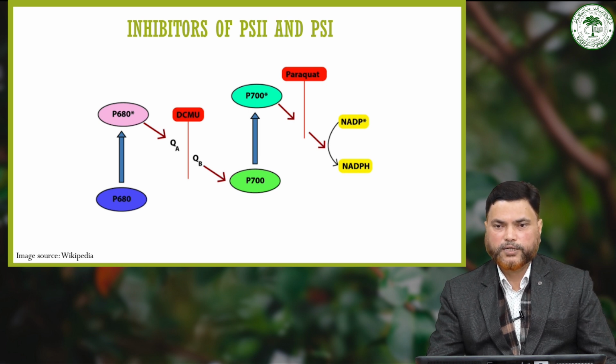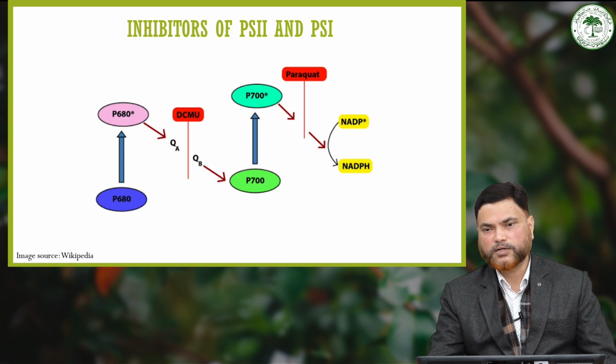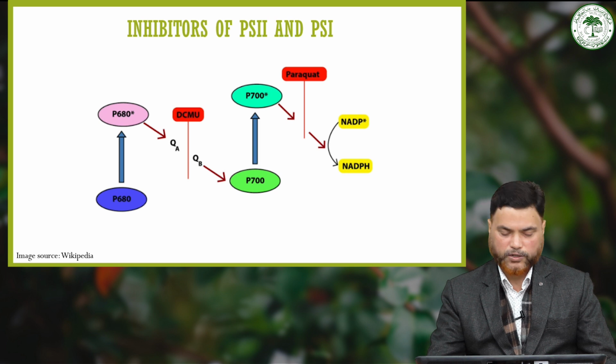Paraquat generally redirects these intercepted electrons to reduce oxygen molecules, forming superoxide radicals, and this superoxide radical is a highly reactive free radical that can cause damage by reacting non-specifically with various molecules within the chloroplast. So, this indiscriminate activity generally leads to the rapid impairment of chloroplast activity, contributing to the herbicidal effects of paraquat.